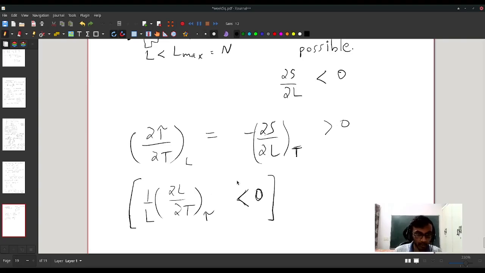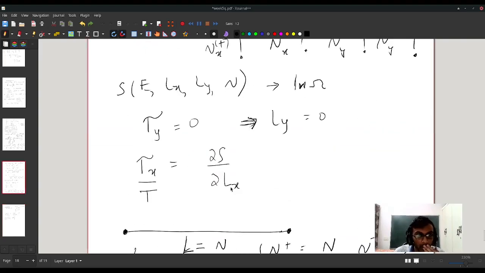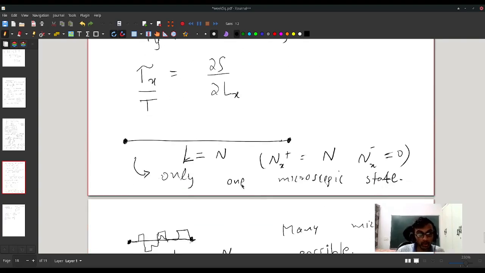To quickly summarize the physics of this problem: the rubber band will have more entropy, more ways of being consistent with the macrostate, if the length is smaller.